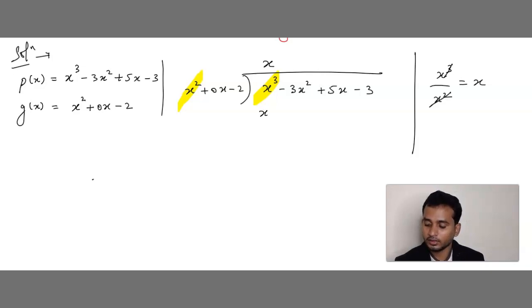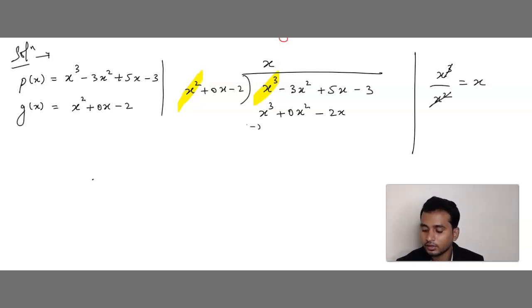x square into x, x cube. Plus into plus, plus. 0x into x is 0x square. Minus into plus, minus 2 into x is 2x.